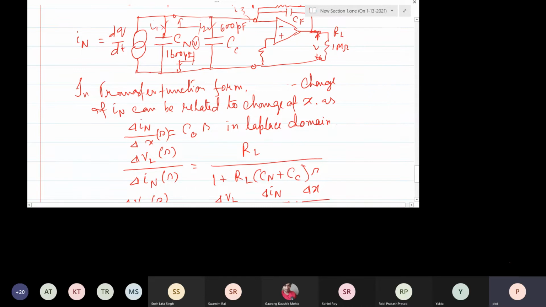Okay, is it all right? So this is RL divided by 1 plus RL into Cn plus Cc into S. Other way also we can do it, delta Vn by delta In.